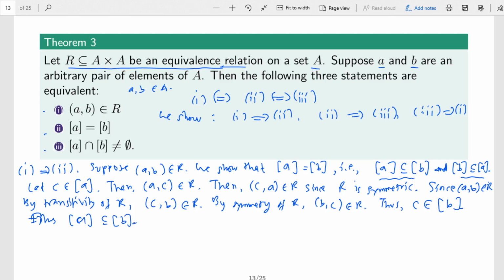Now how about the opposite direction? Next, let c be an element of the equivalence class of b.